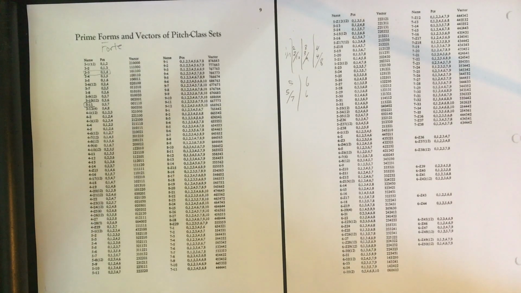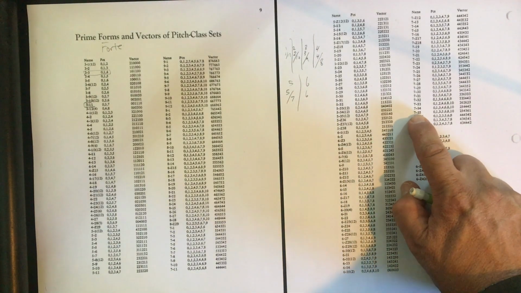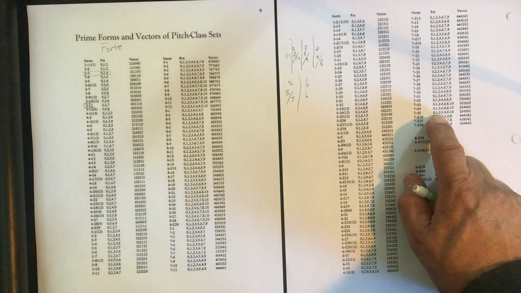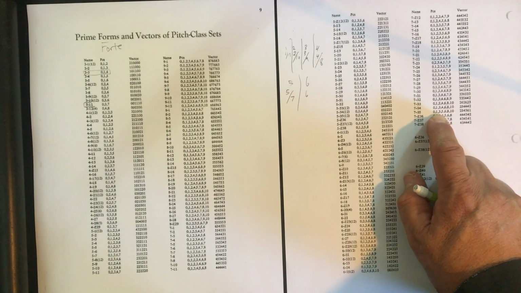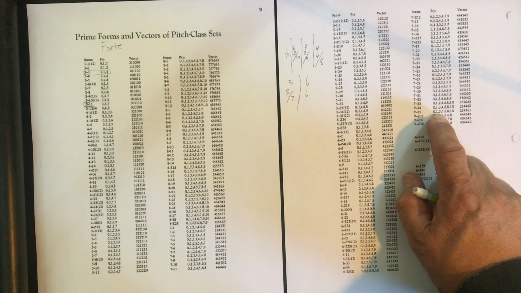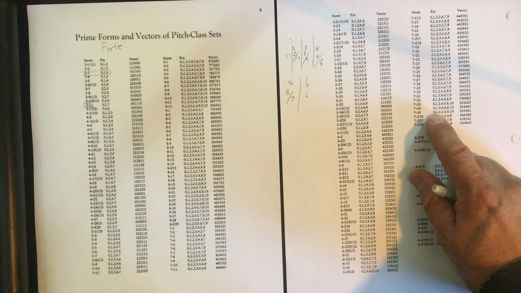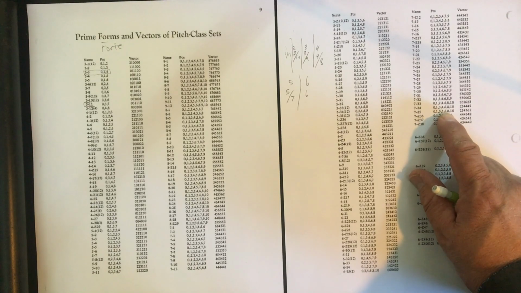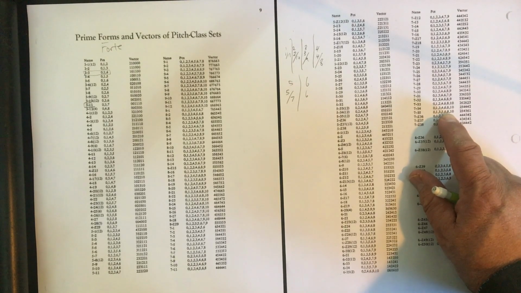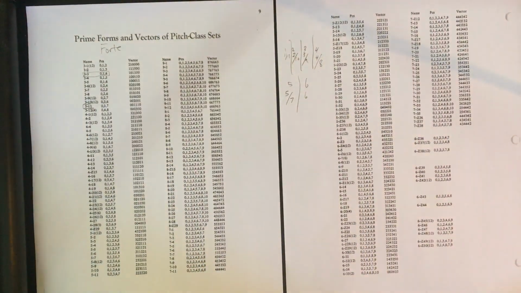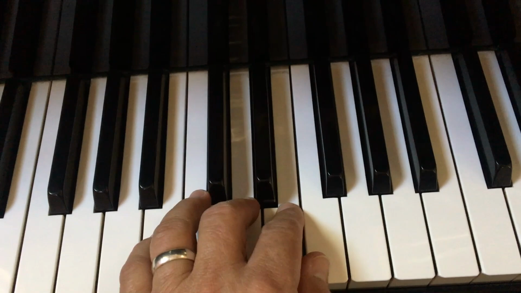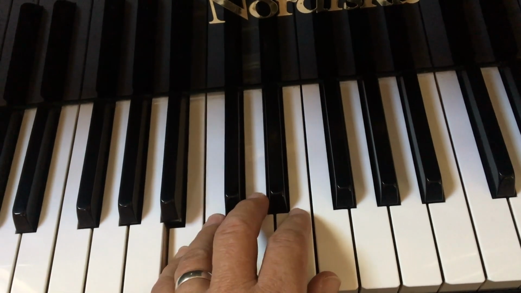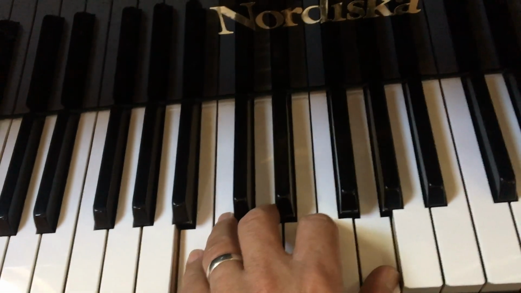We could also look at, what else do we want to look at? Well, look at 735. What is 735? 0, 1, 3, let me see. 0, 1, 3, 5, 6, 8, 10. I'll show you what I'm doing here. 0, 1, 3, 5, 6, 8, 10.